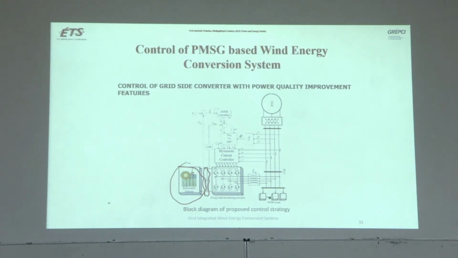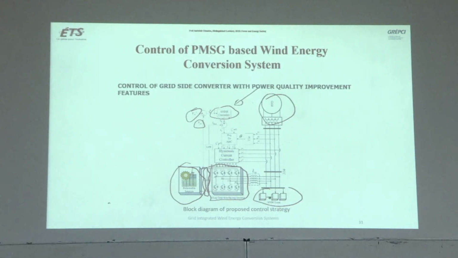So you see, this is what the student has done. This is the 4-leg grid interfacing inverter. This is the grid. This is the load. So you are measuring VDC, reference, and some kind of adaptive control he has used to generate the ED reference.